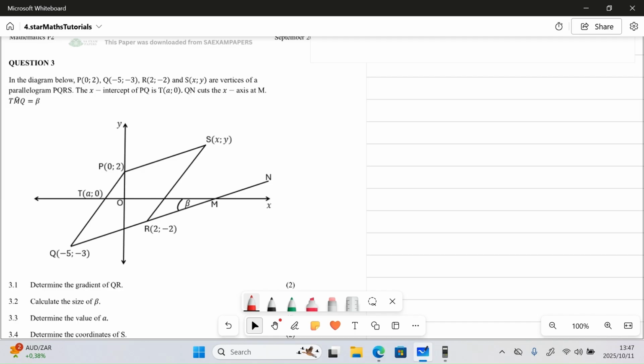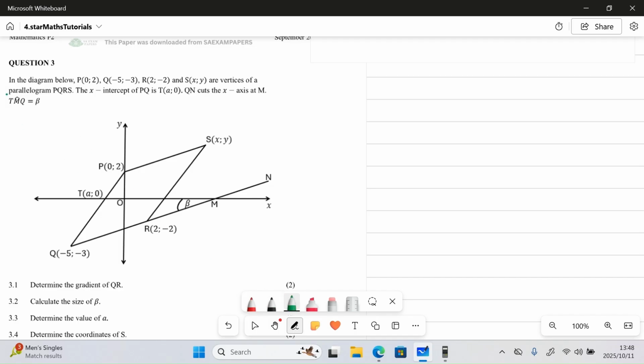Yes. In the diagram below, P, Q, R, and S are the vertices of a parallelogram. Before that, you must know the story about a parallelogram. It is a four-sided figure where opposite sides are parallel. So we know that this side is parallel to this one, and also this side is parallel to this one, because it's a parallelogram.